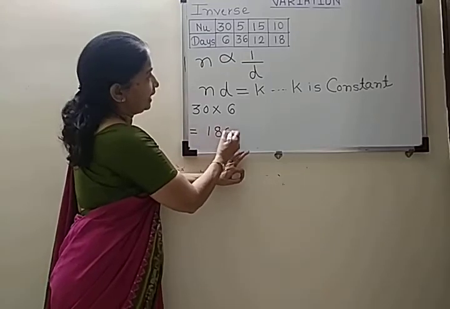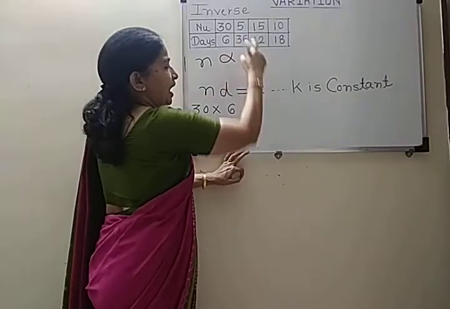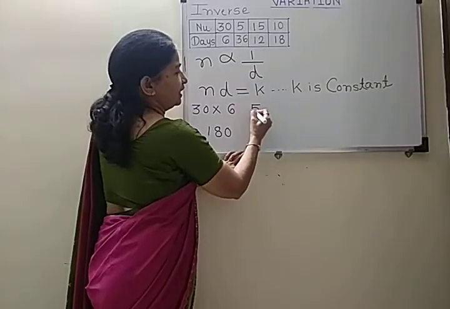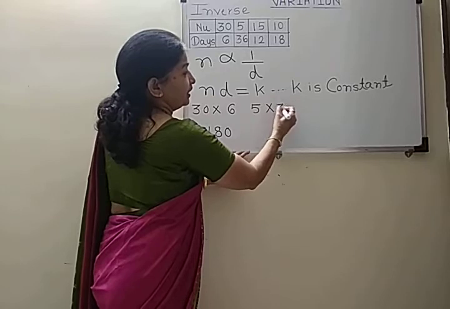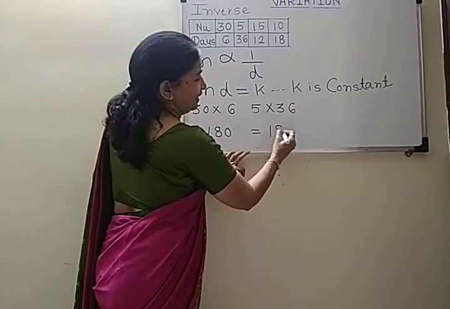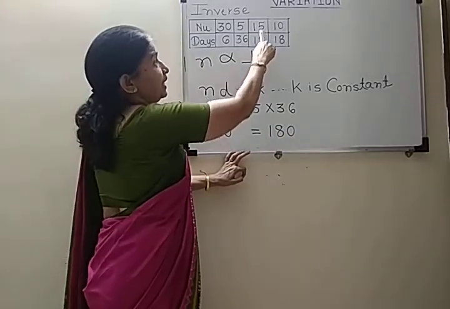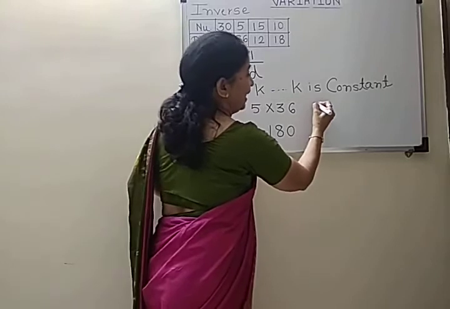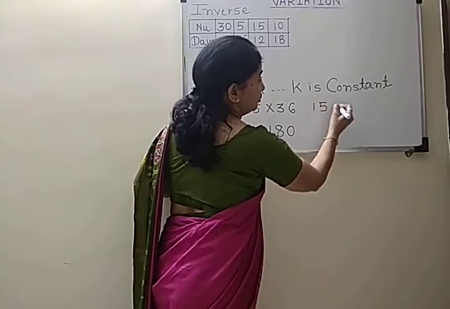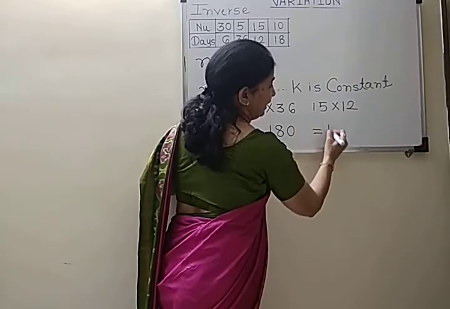Then see the next example. 36 times 5, it will also come 180. Then see 15 times 12, it will also come as 180.